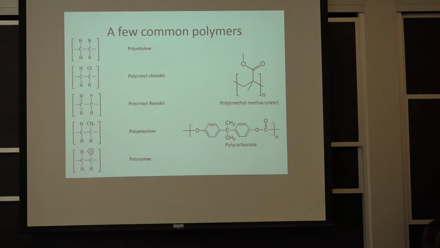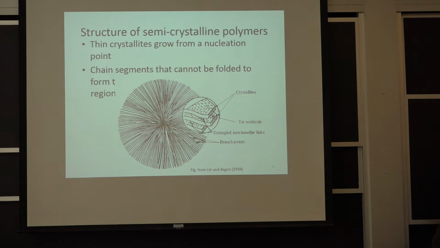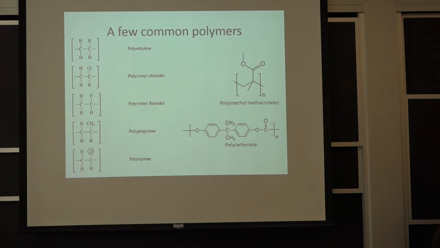Now, when I introduced the materials in the first week of class, I said a lot of these will be semi-crystalline. I showed you the spherulite structure and all that. We have it here again. And all that chemistry here is affecting how you will crystallize.